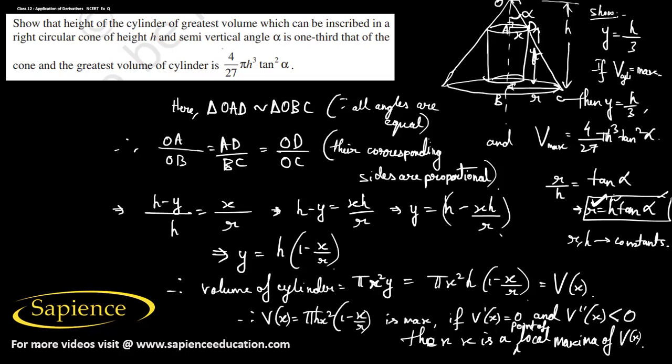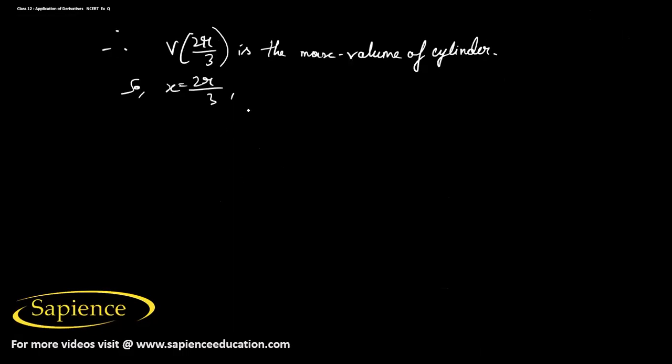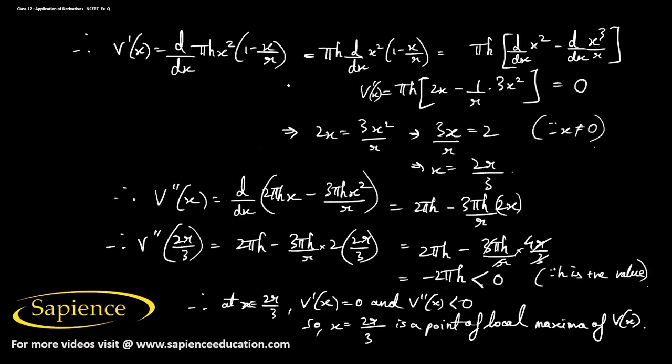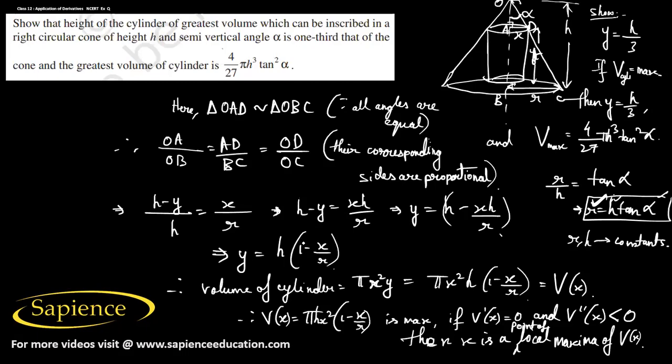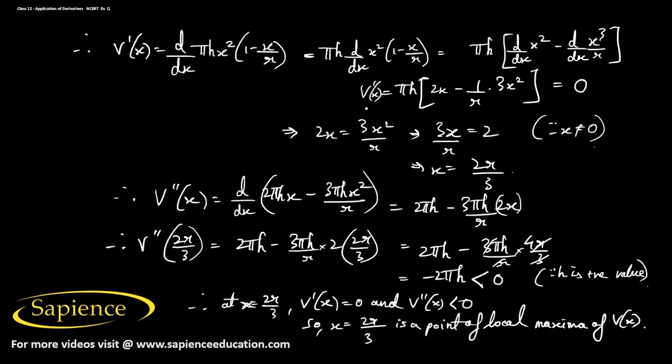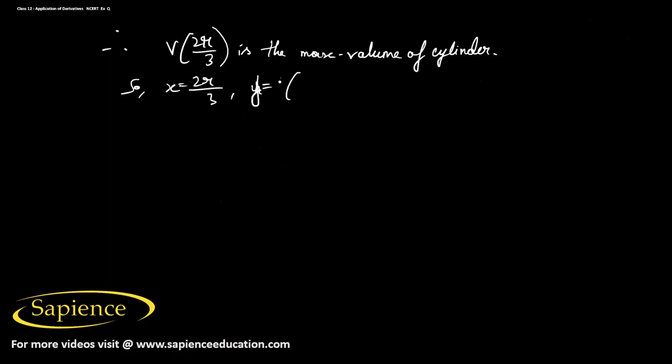Okay. So now y will be equal to y, which is the height of the cylinder. That is h into 1 minus x by r. So that will be equal to h into 1 minus 2r by 3r.